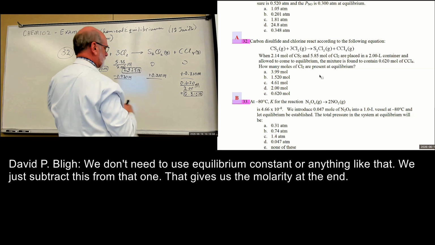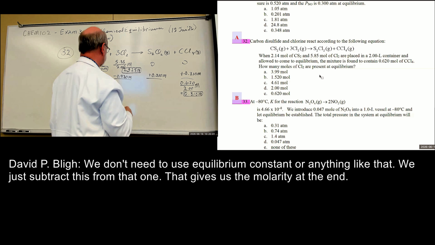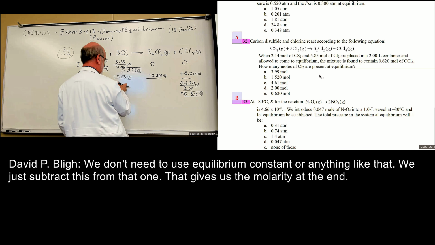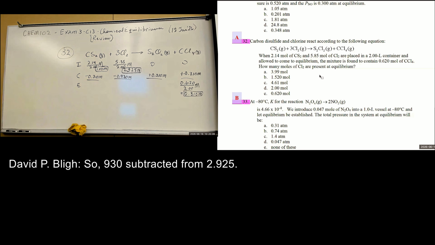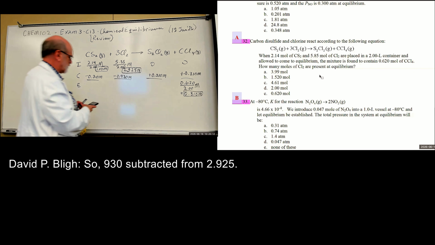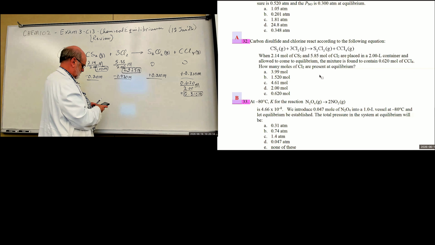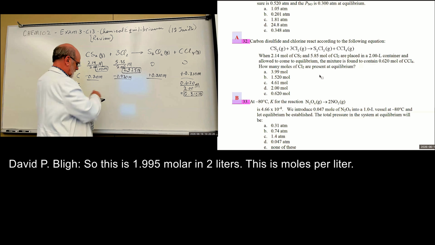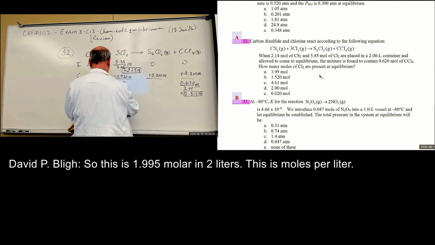We don't need to use the equilibrium constant or anything like that. We just subtract this from that one. That gives us the molarity at the end. So 0.930 subtracted from 2.925 is 1.995 molar.